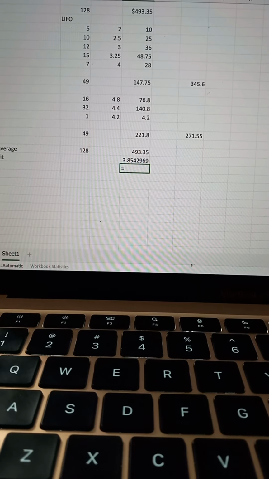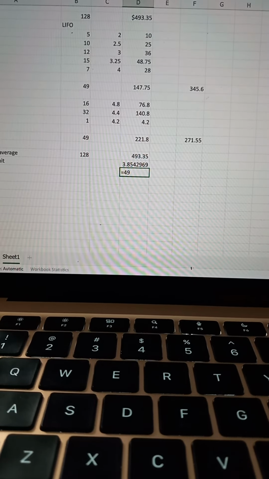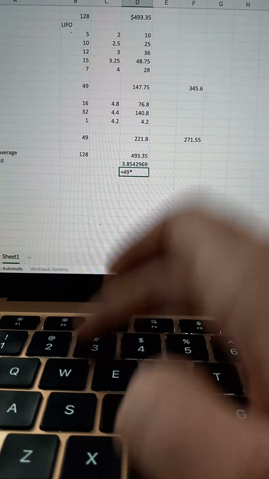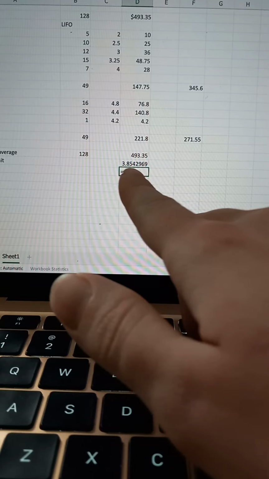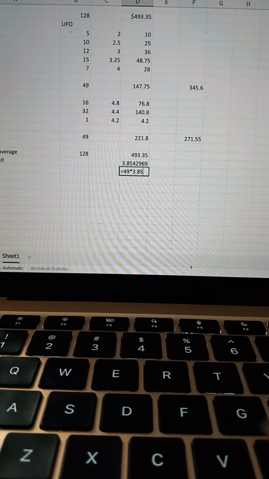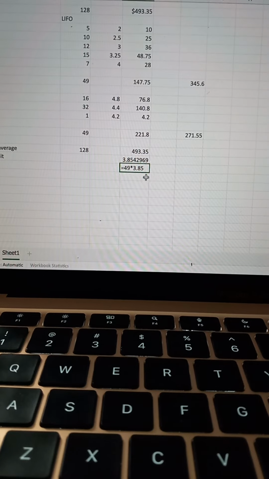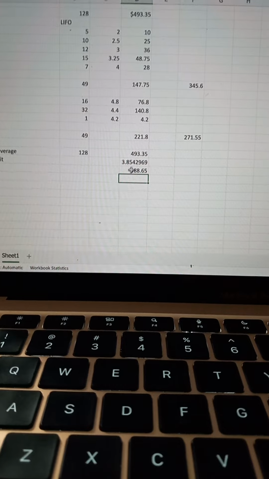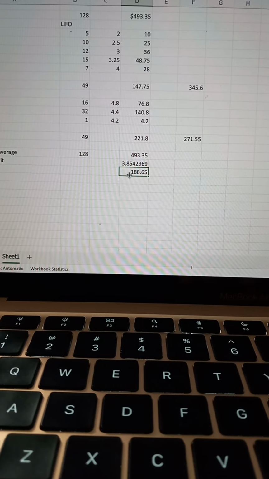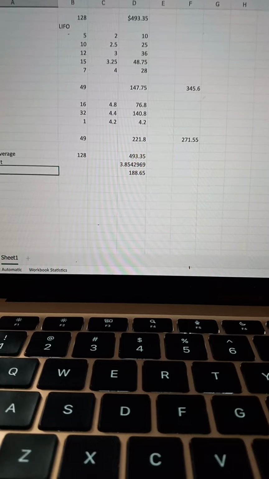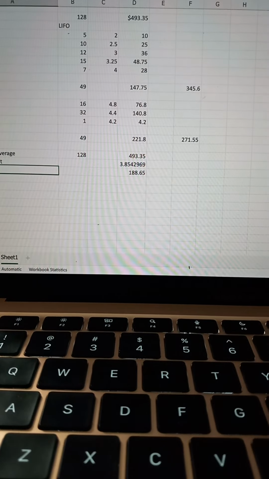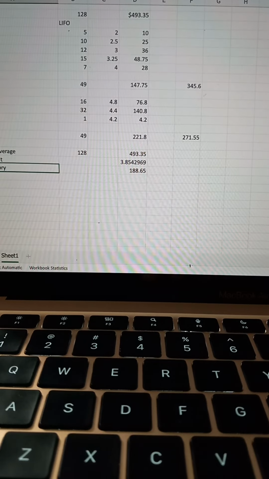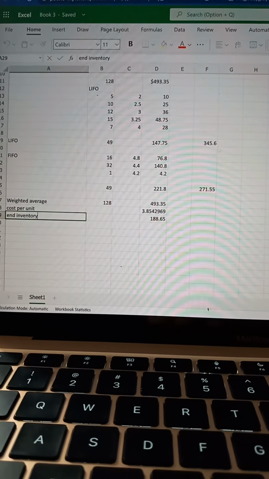So that's going to be 49 times 3 and then we're going to round up. Well, it'll stay the same because that's a 4. And that gives us 188.65, and that is going to be our end inventory. So there you go.